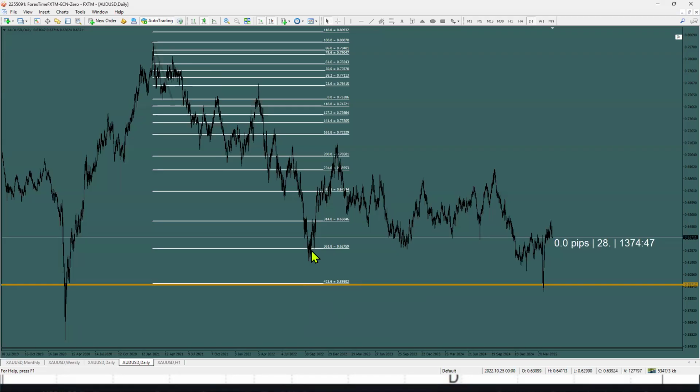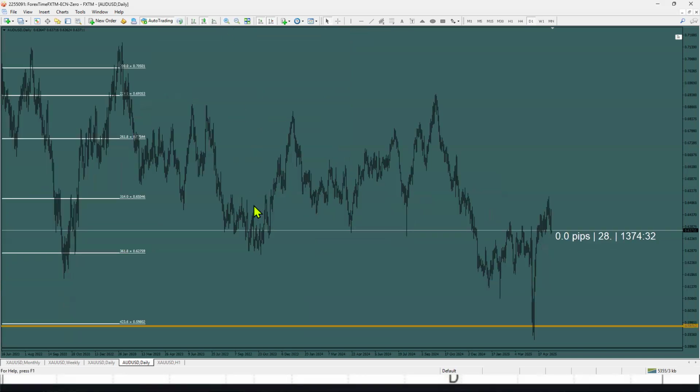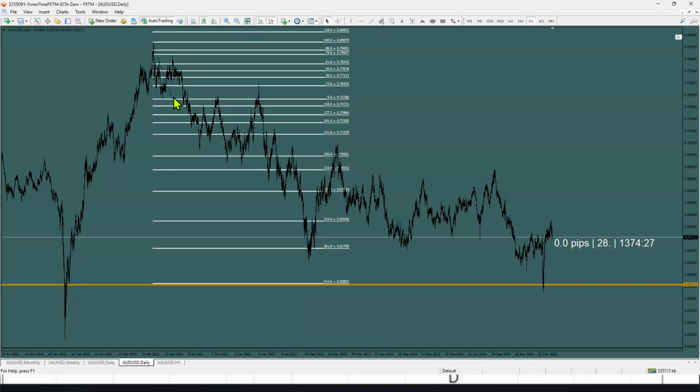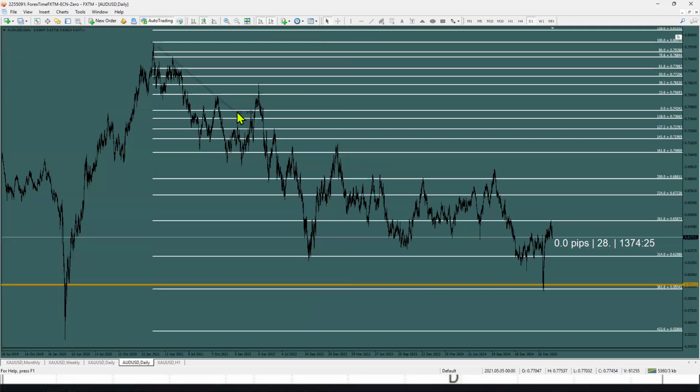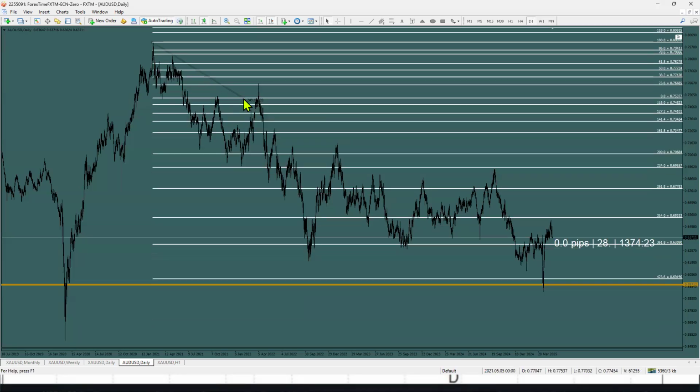You see that? So you can just apply this Fibonacci on your chart like this, okay? And then these levels on your chart, let me stretch it so that it covers the chart.